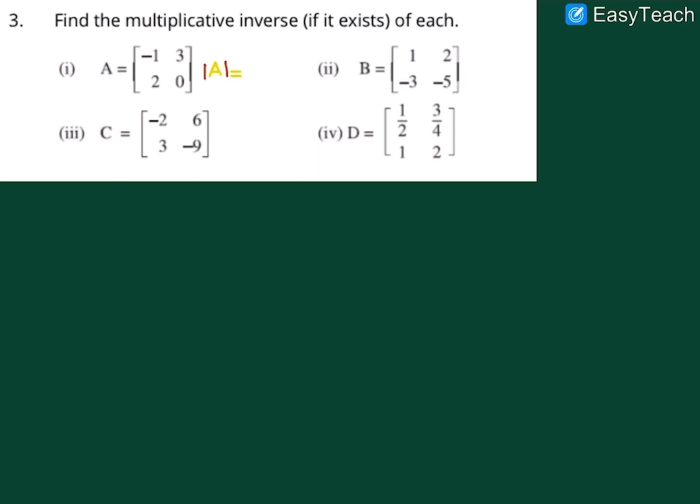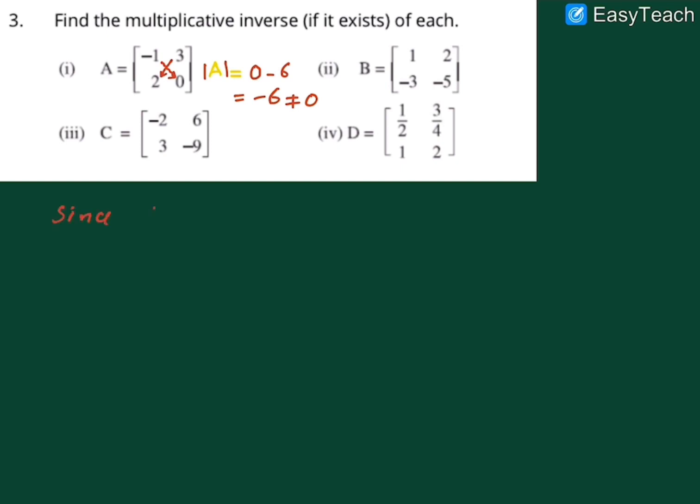Multiply this with this, minus 1 with 0 will be 0, and 2 with 3, minus, when we are finding determinant we use the minus sign. So 3 times 2 is 6, which is minus 6, and it's not equal to 0. So A is non-singular. So its inverse exists.